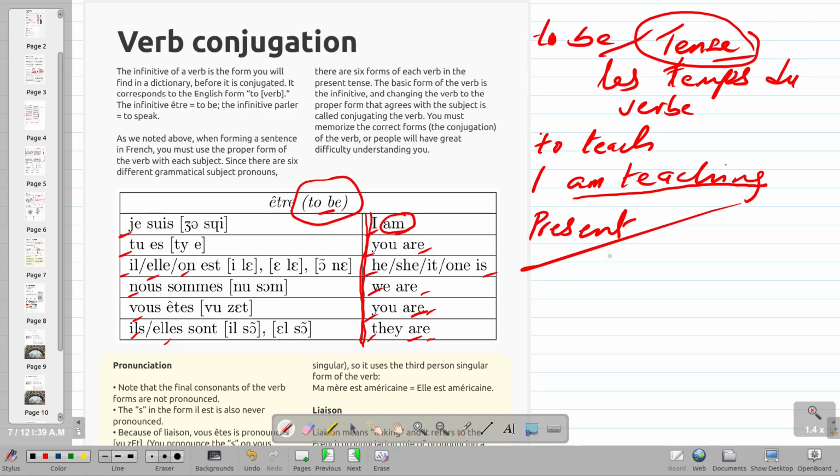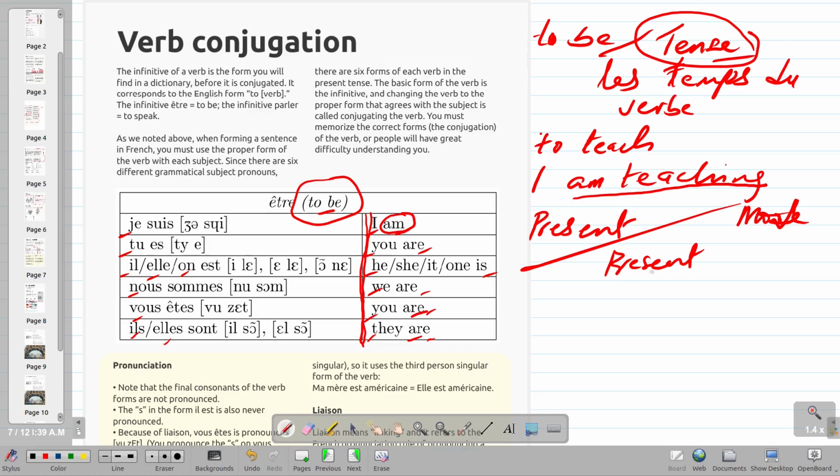You have different tenses. You have present tense of the indicative mode. So first of all, different verb modes, different tenses inside the modes. We will come to that more. So for now, let's just focus on tenses.